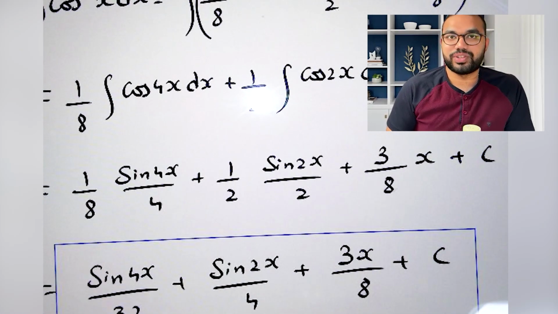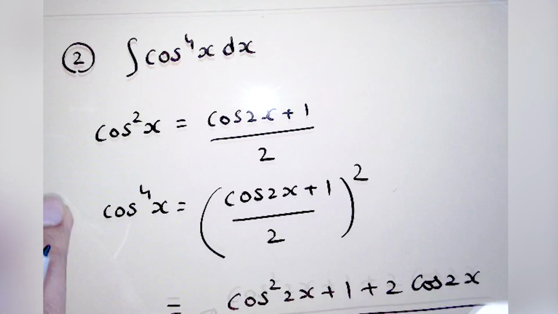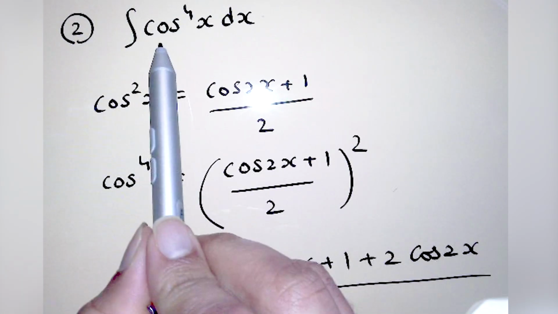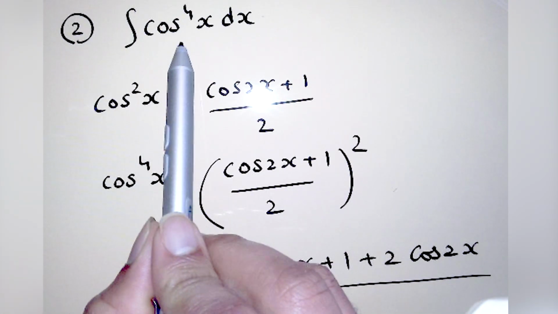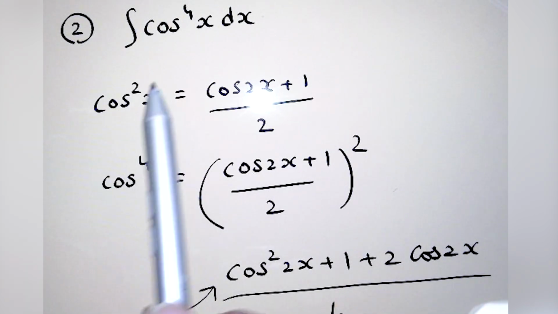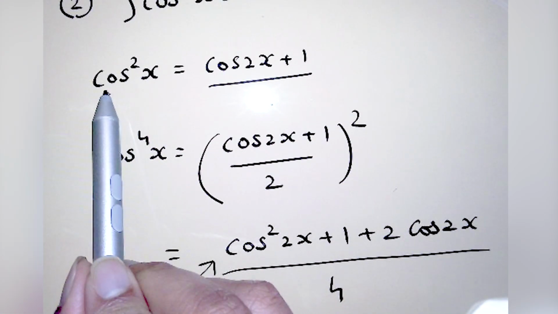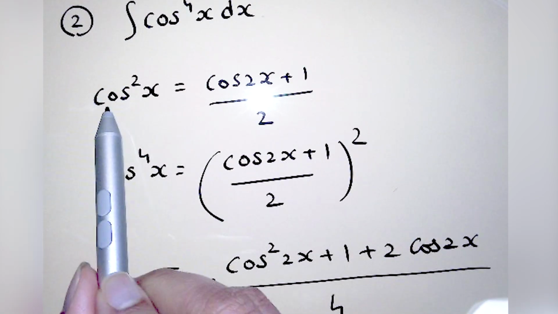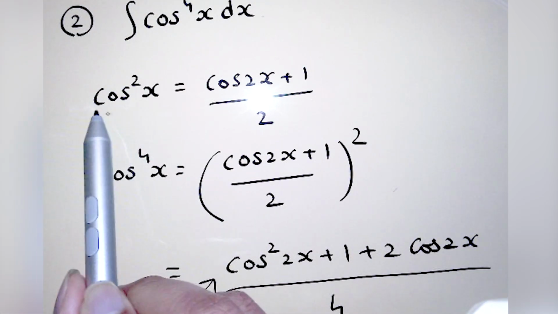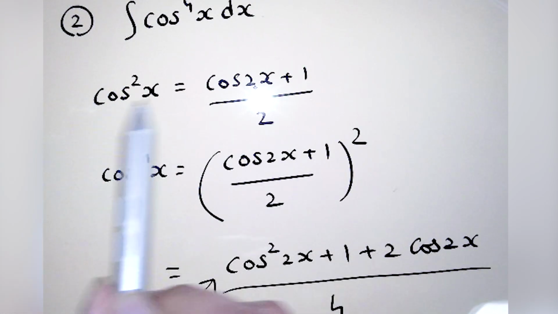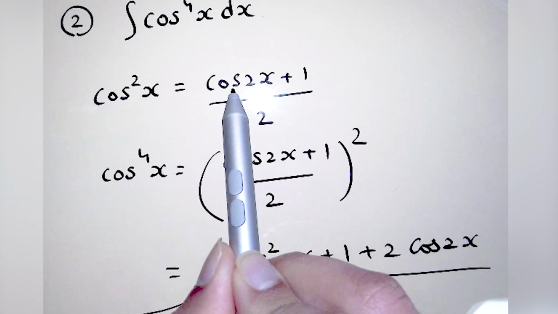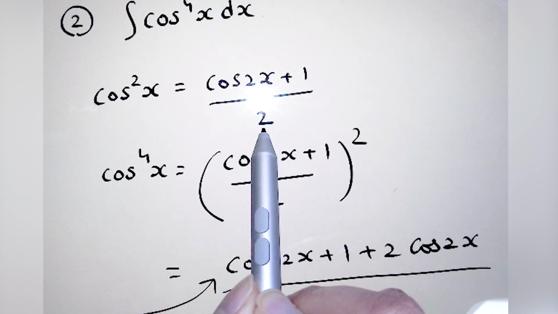Let's summarize what we just did. In our question, we have integral cos power 4x dx. So what I did is, I'm trying to make a relationship between cos square x and cos 2x. Cos square x can be written as cos 2x plus 1 over 2.